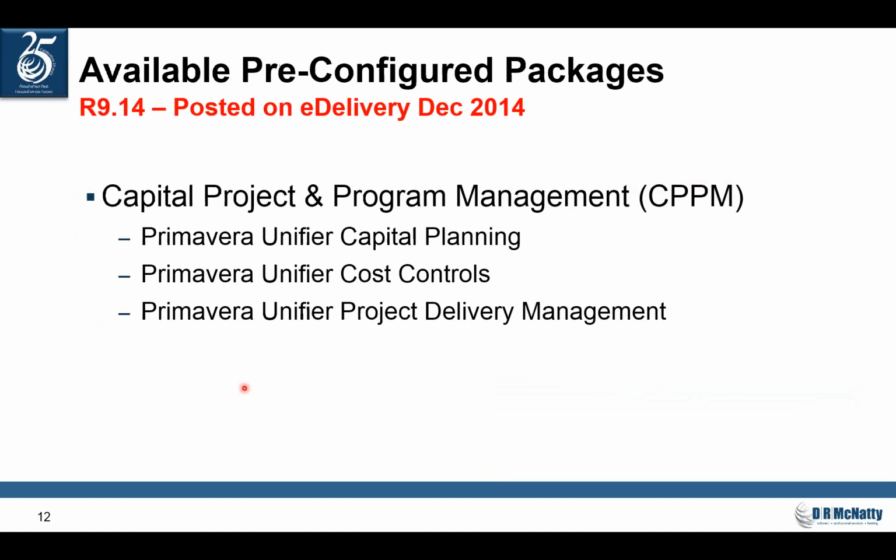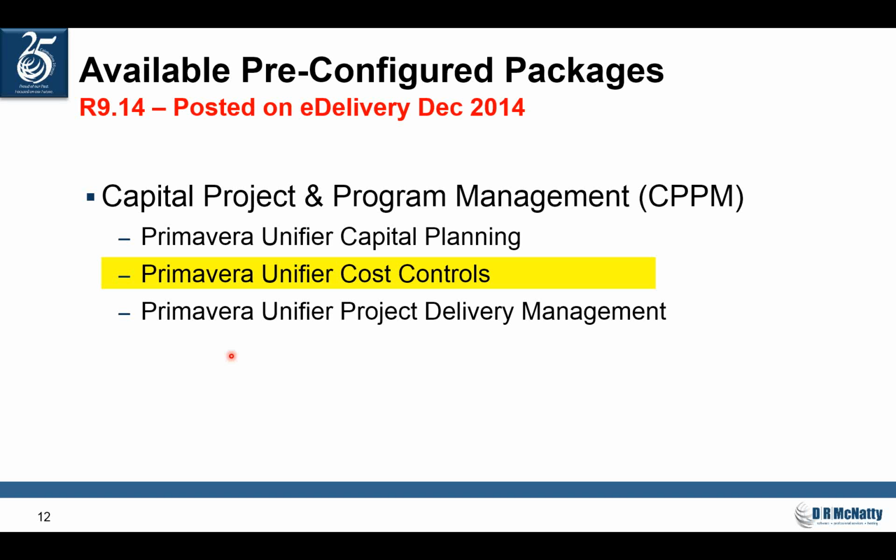So these are the pre-configured packages that are available from Primavera. 9.14 is the most recent, posted on Oracle eDelivery in December of 2013. I'm sorry, that's a typo right there. The capital project and program management is the primary tool that we're dealing with, focused on delivery of construction projects.